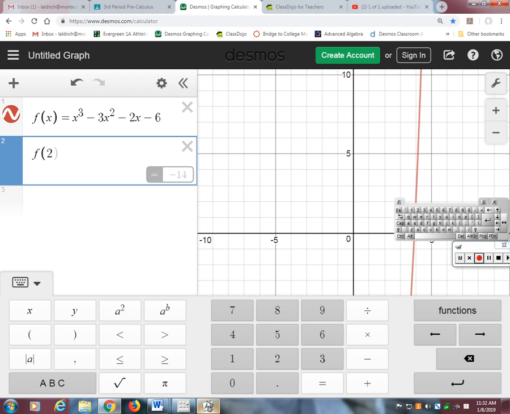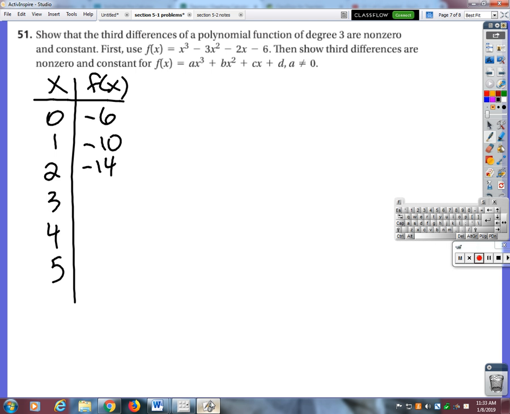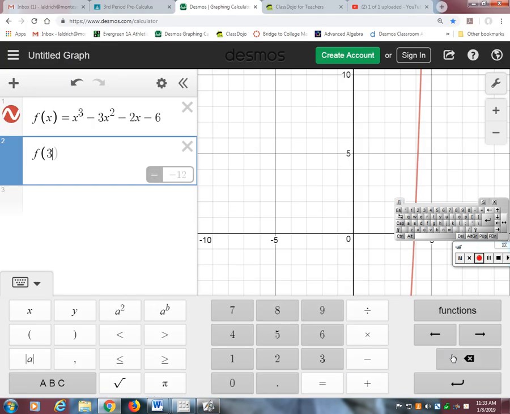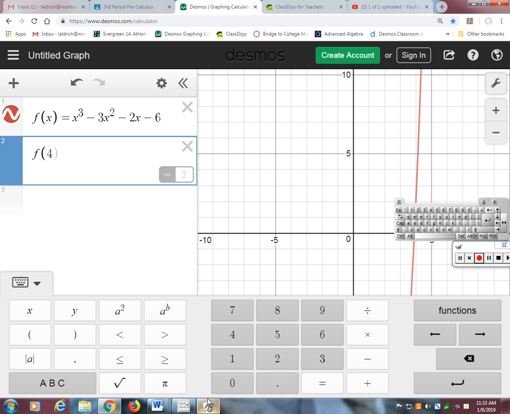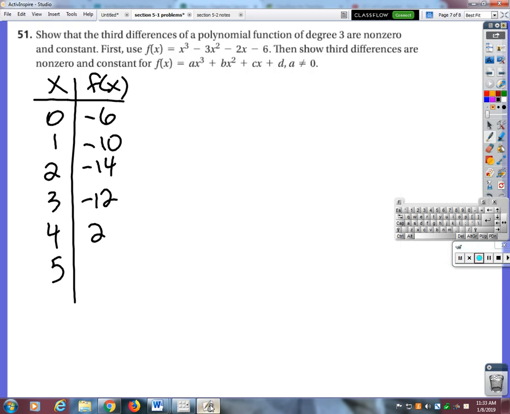Then if I plug in 3, I get -12. If I plug in 4, I get 2. And then if I plug in 5, I get 34.